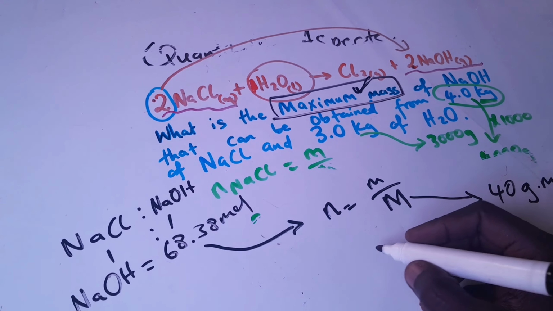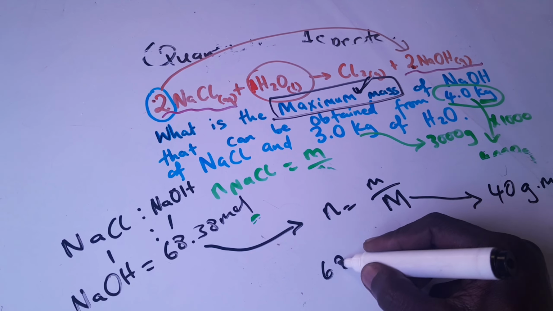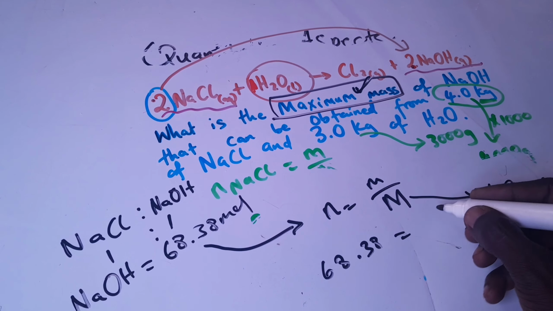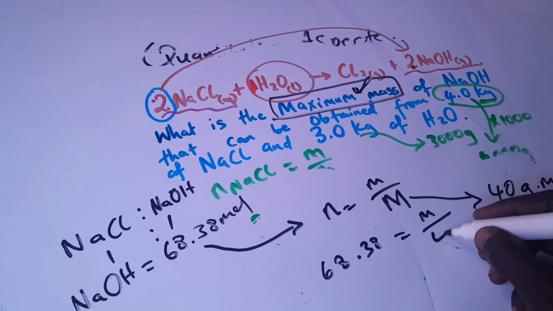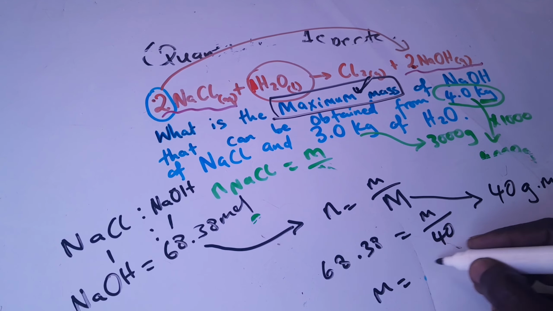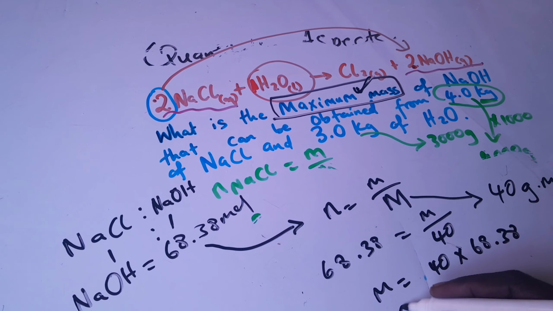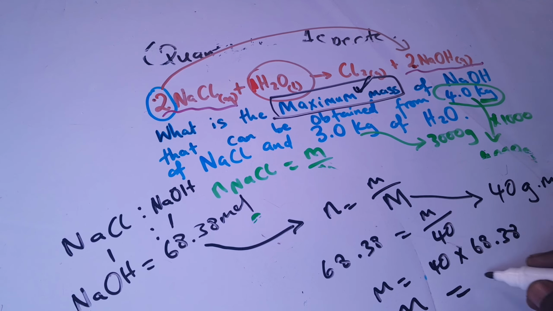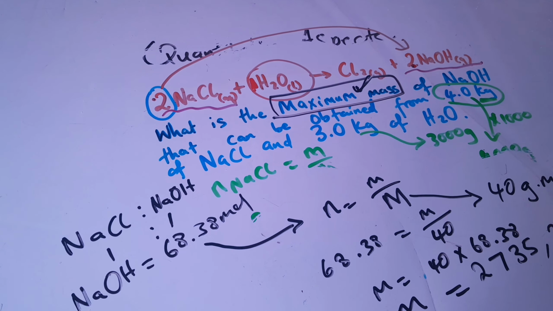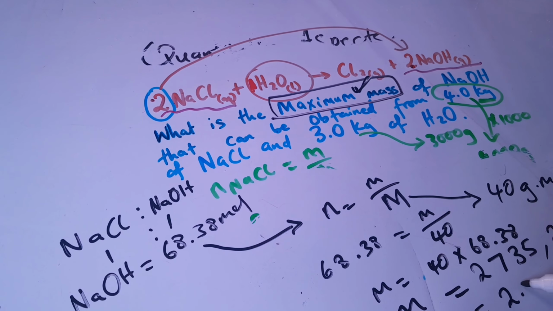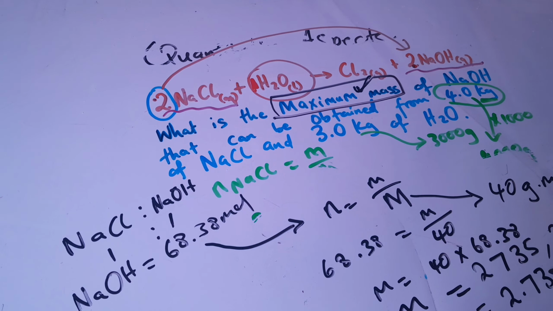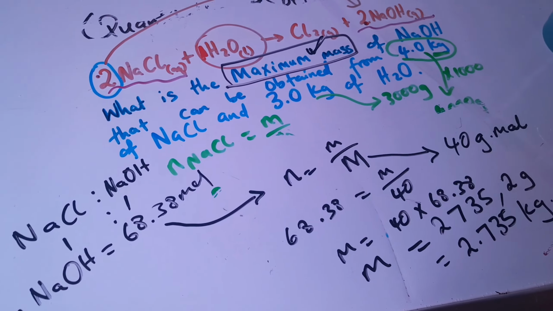So our mass will be equal to 40 multiplied by 68.38. What do you get? 2,735.2 grams, which is the same as 2.735 kg, right? Something like that.